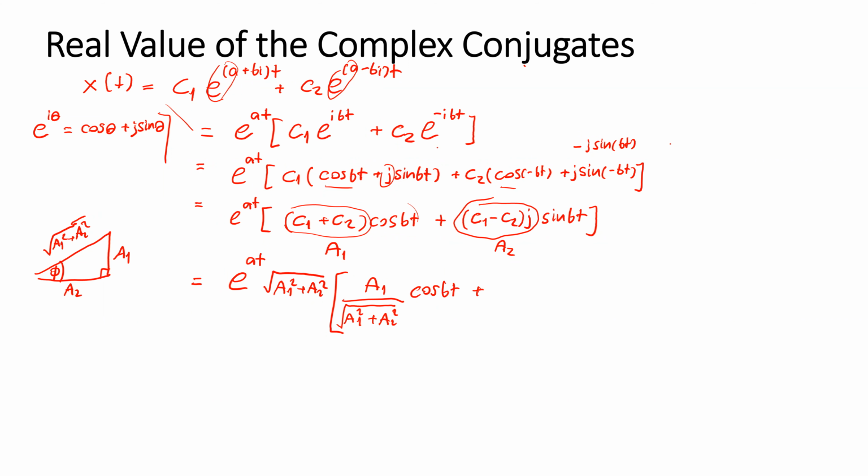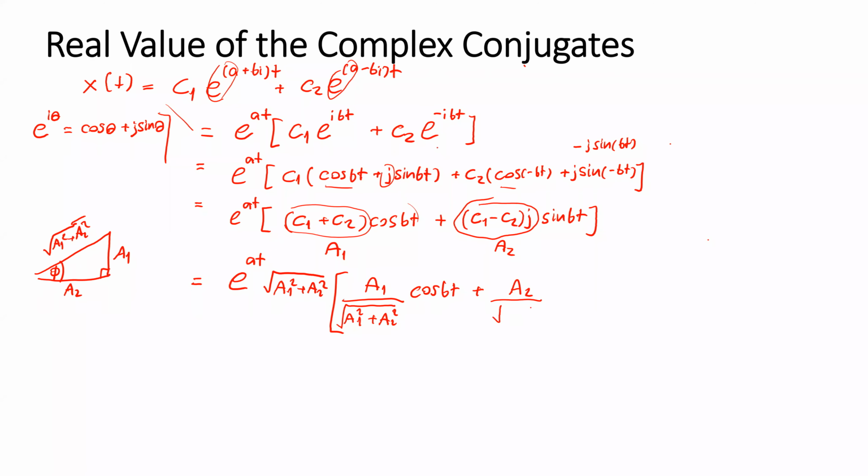And for the second term, we still have A2, and it needs to be divided by the square root of A1 square plus A2 square and have the sine.